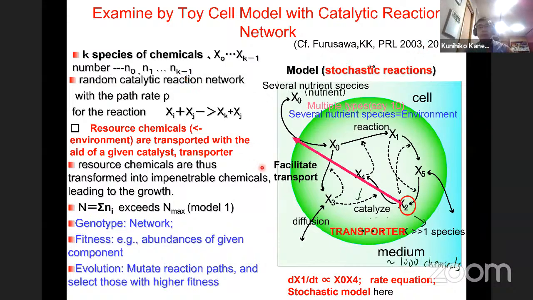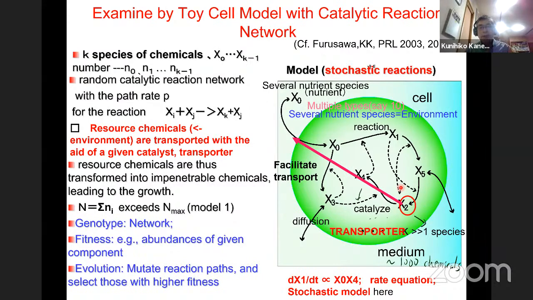So the basic idea is that you have many, many different chemical components. And there are some chemical reactions, Xi, for example, catalyzed by Xj, and Xi is changed to Xk. So for example, in this case, X5 goes to X2, catalyzed by some other X1. And there are many, many such chemical reactions.